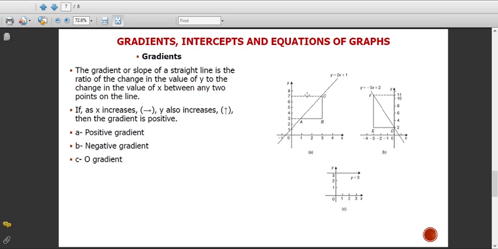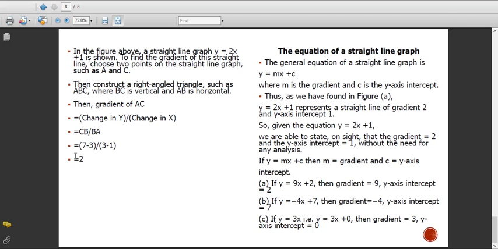So 7 minus 3 will give us a 4, and then 3 minus 1 will give us a 2. So that's why we have 7 minus 3 over 3 minus 1, and the answer is 2. So therefore the gradient of that particular line is 2.